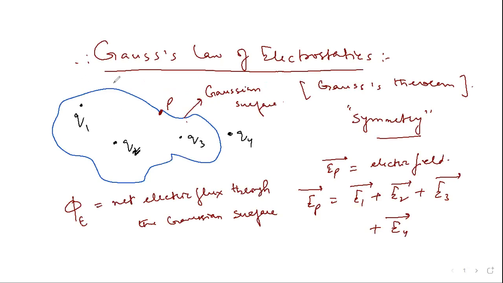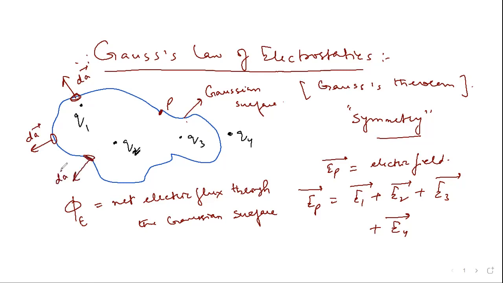And remember, when I calculate the electric flux, I divide this closed surface into infinitely small parts dA and represent each piece by a vector, and that area vector at each point is taken as the outward normal. For example, here dA will be like this, here dA will be like this, here dA will be like this.